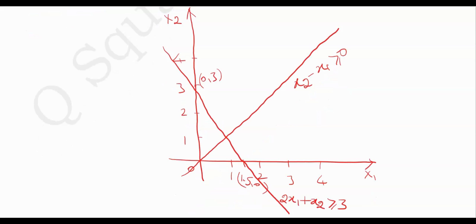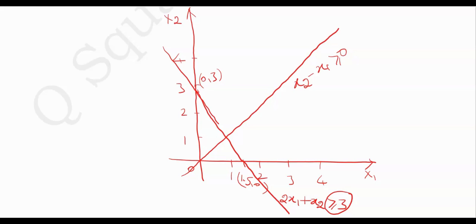Now we'll set the region for the line 2x1 plus x2 greater than or equal to 3. Since we have greater than or equal to sign, we have to set the region in the opposite direction to the origin from the line.